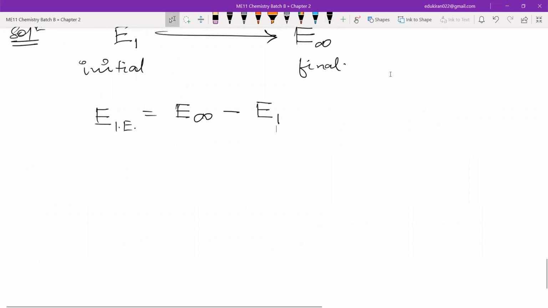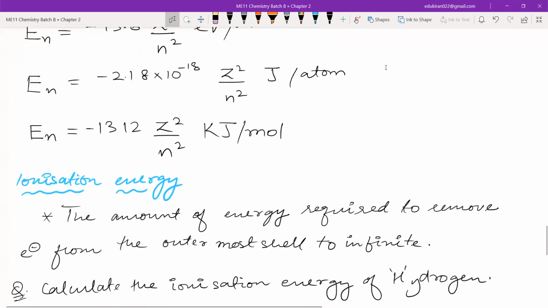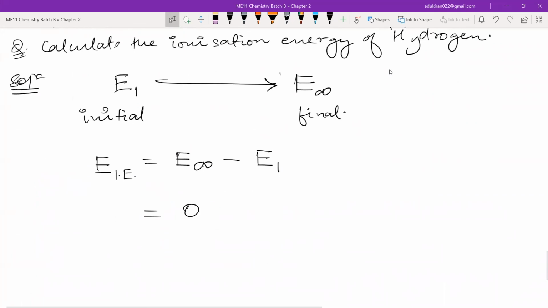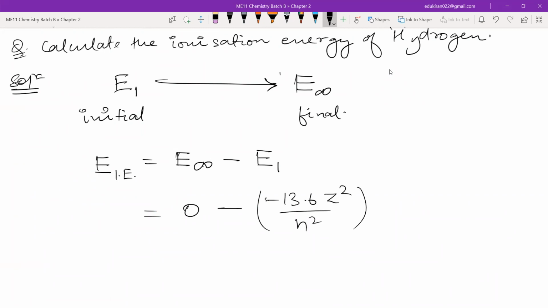Final minus initial. So if I put E infinity in this formula, then the nth orbit will be the infinite orbit. So En will be equal to 0. So it's equal to 0 minus E1. E1 will be of the hydrogen atom now. Let us calculate in electron volts. It will be minus 13.6 Z square upon N square electron volts.